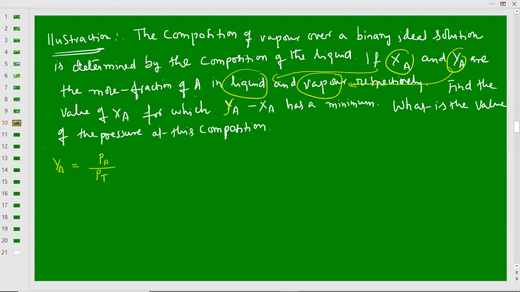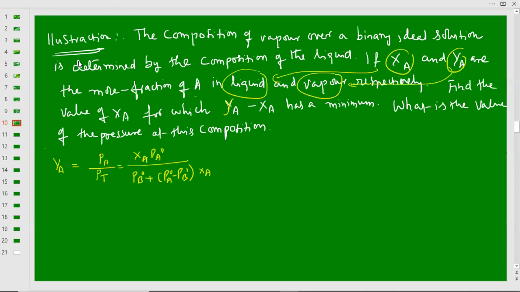That equals, from Raoult's law, XA into PA naught divided by PT, which can be written as PB naught plus PA naught minus PB naught into XA. So we are writing everything with respect to A only in these mole fraction cases.